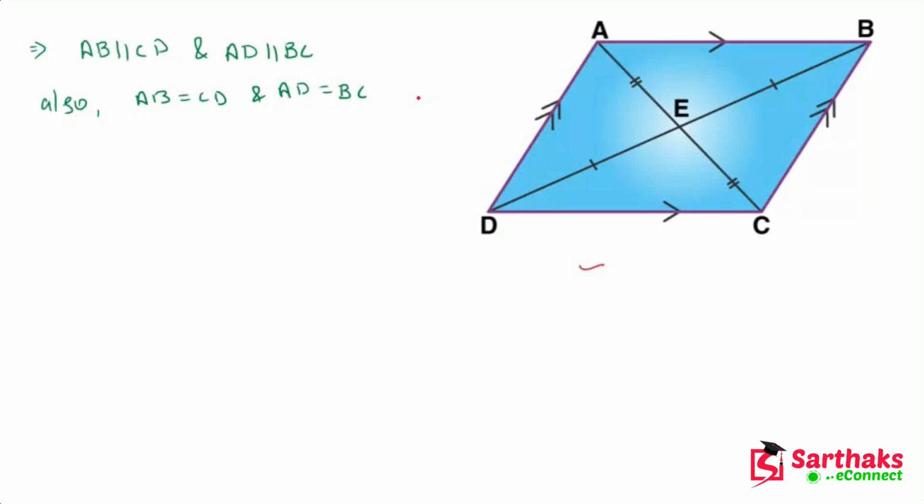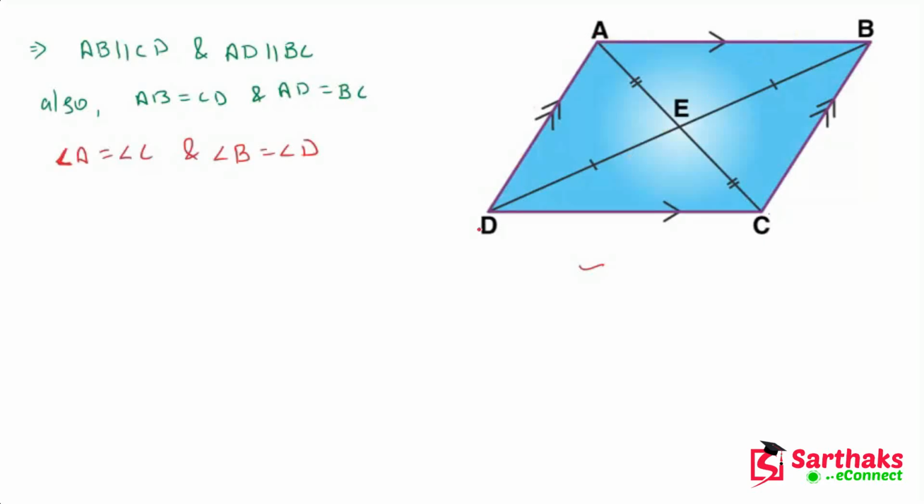Here you can see that angle A is equal to angle C. Opposite angles are equal, so angle A is equal to angle C and angle B is equal to angle D. And also angle A and angle D are supplementary angles, because these interior angles lie on the same side of the transversal.